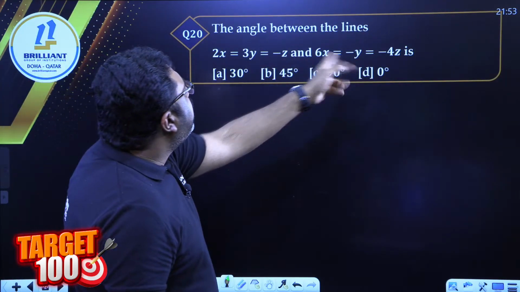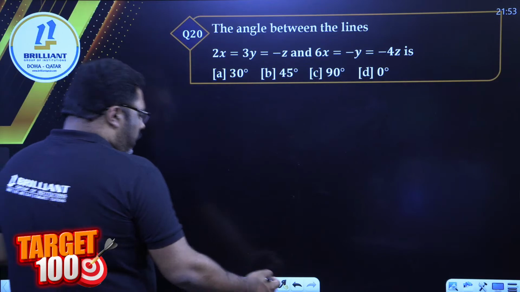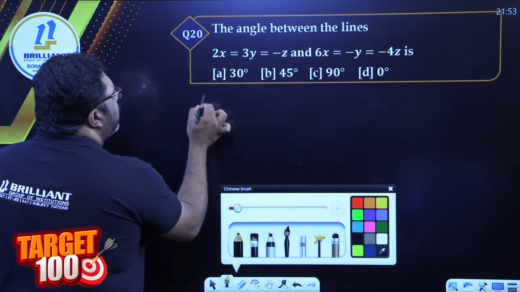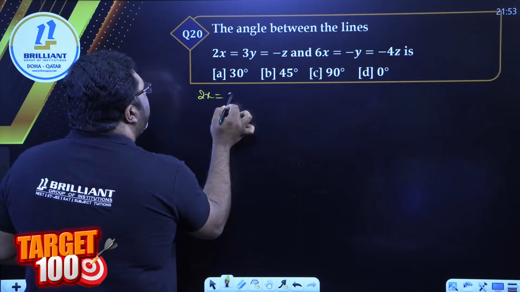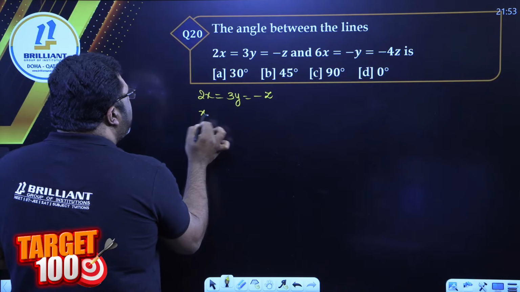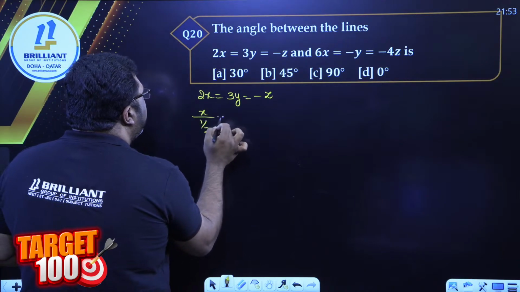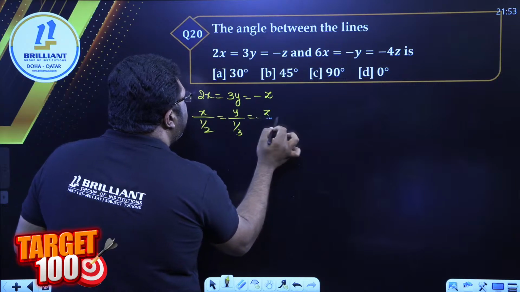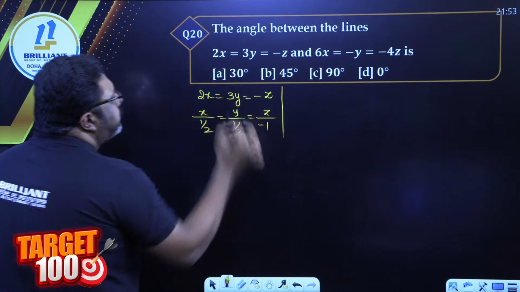Question 20. What's the angle between the lines here? So please find out what is the correct form of the line. 2x, 3y, minus z. So this is actually x by half, y by 1 by 3, z by minus 1. The first line.